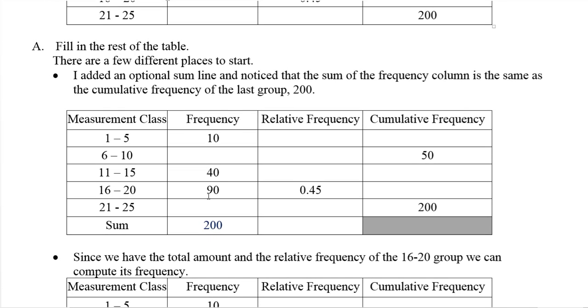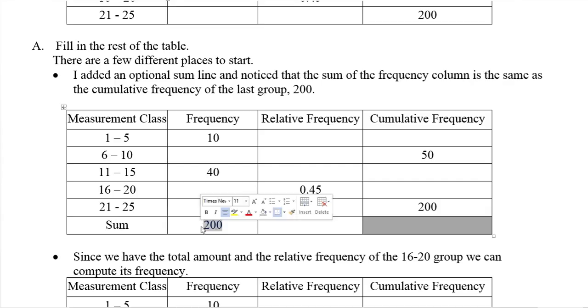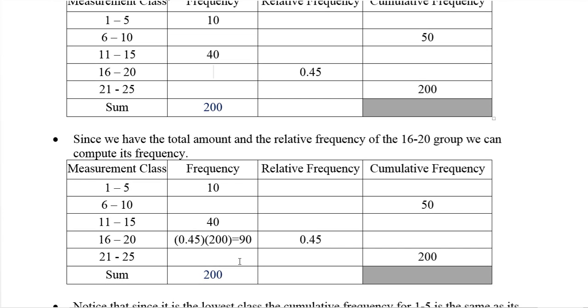We can figure out the 90. How can we figure that out? Well, this is the total of 200, and this is 45% of that, or 0.45. So we just multiply 0.45 times the 200, and we'll get the amount there, which is 90. Okay.